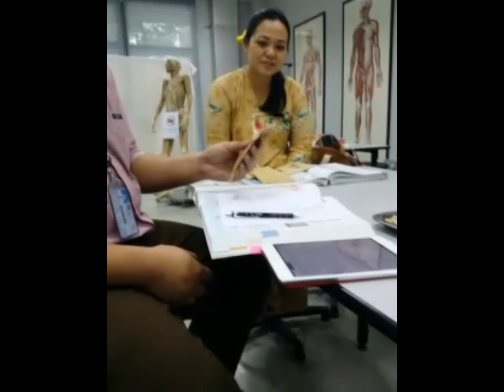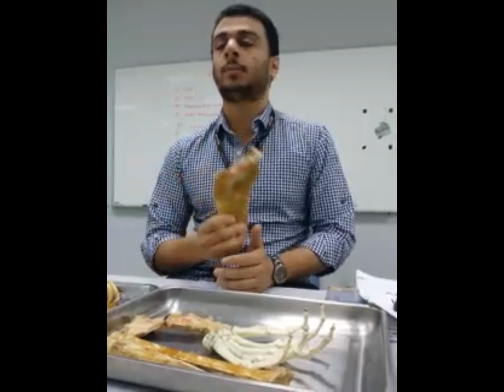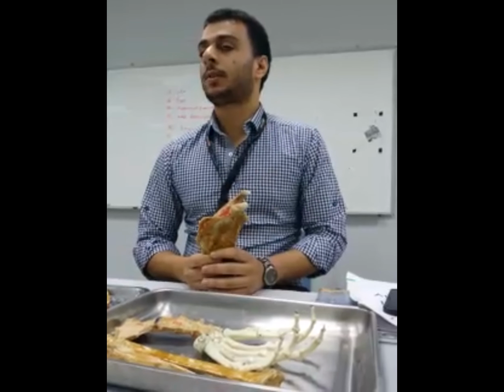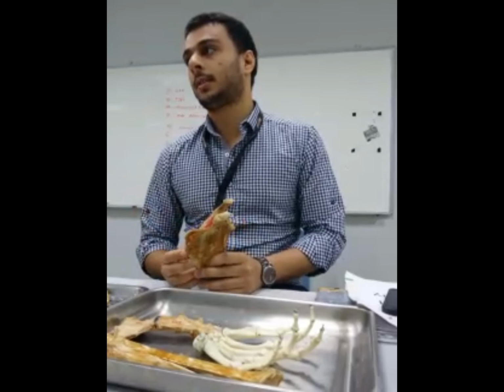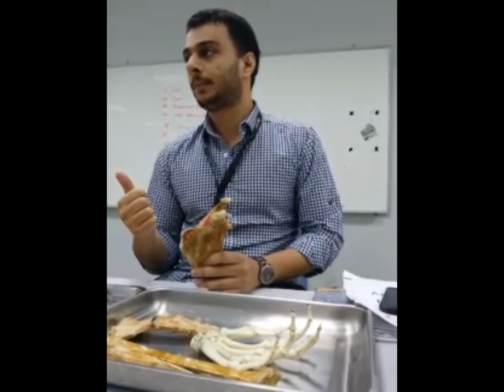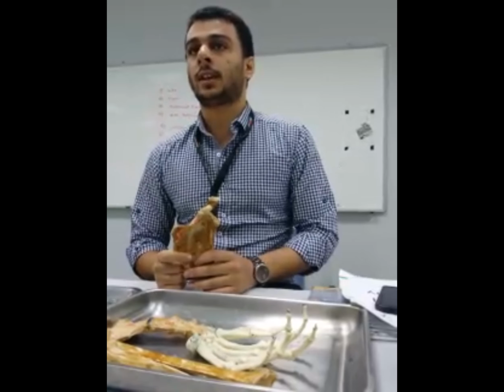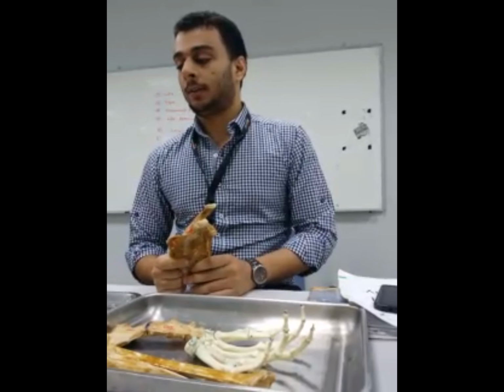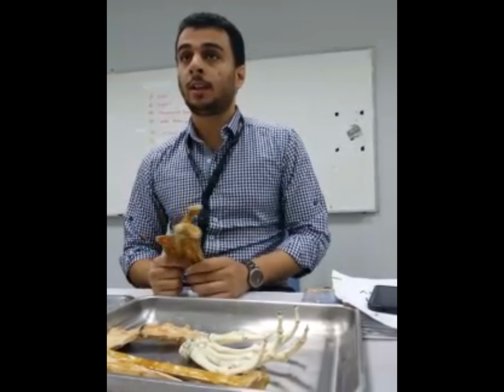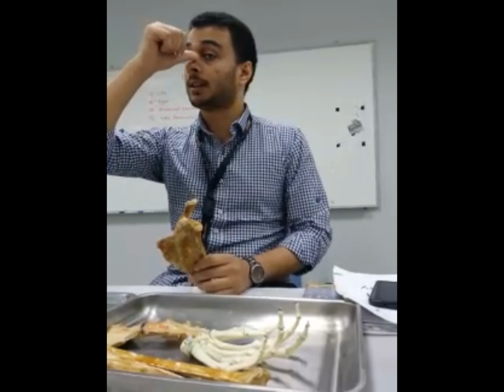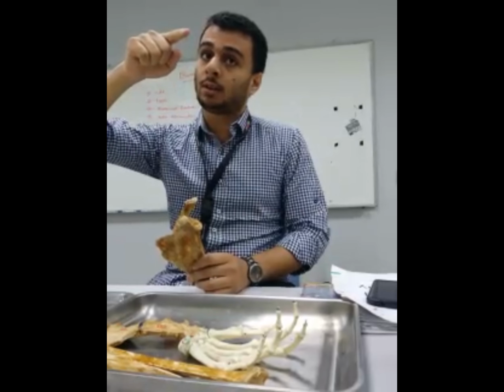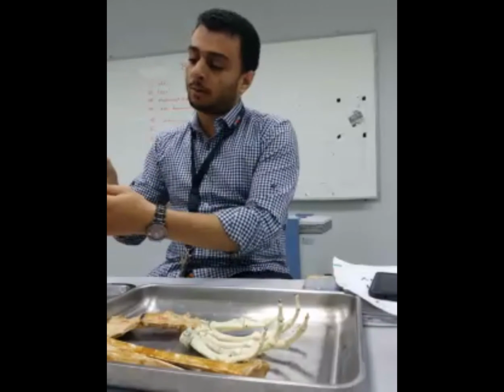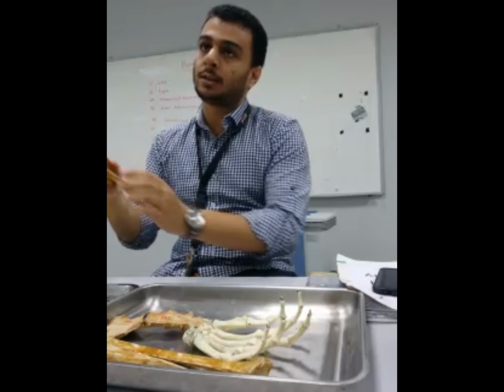You can explain both the subclavian and the third part of the axillary. The first part of the subclavian gives 2 arteries, the suprascapular artery and the transverse cervical artery. The one that comes from the third part of the axillary is 1 artery, the subscapular, which later gives the circumflex scapular, which winds around the scapula like this.